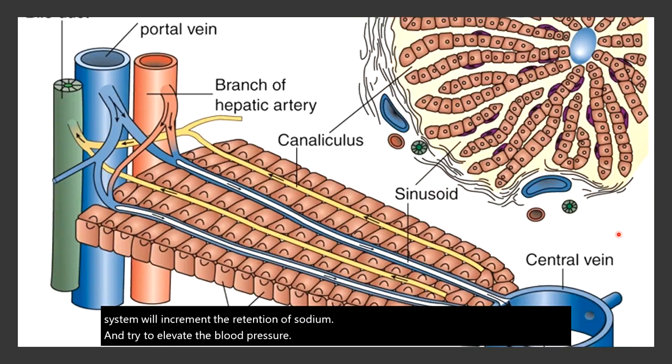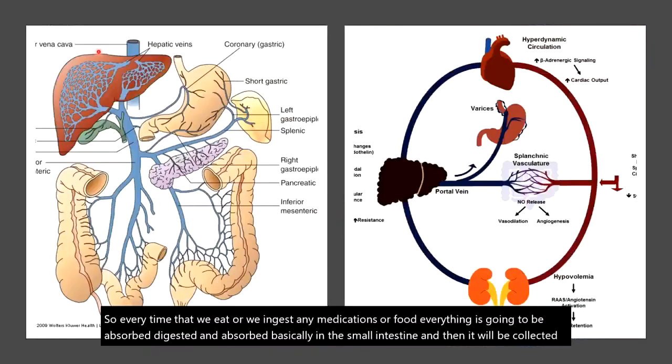So every time that we eat or ingest any medications or food, everything is going to be digested and absorbed basically in the small intestine, and then it will be collected through the portal vein, right?